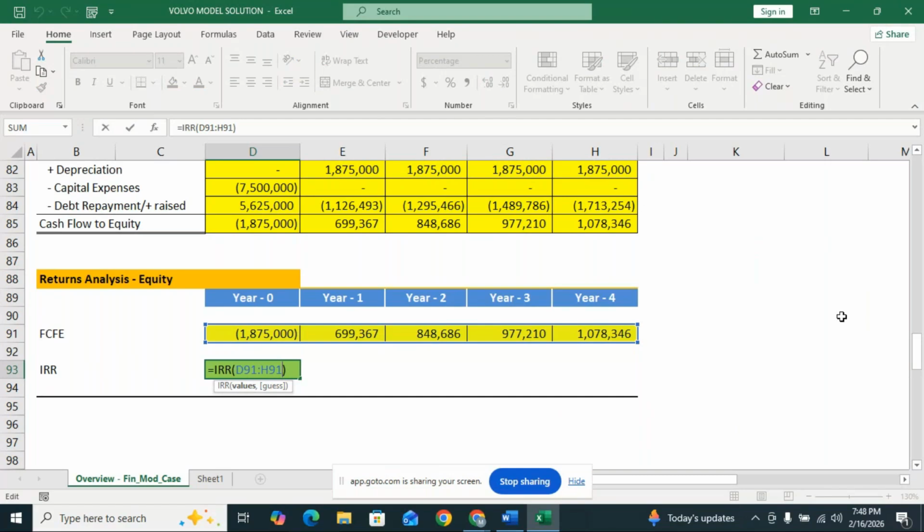I hope you have got the IRR answer as 29.63%. Yes.